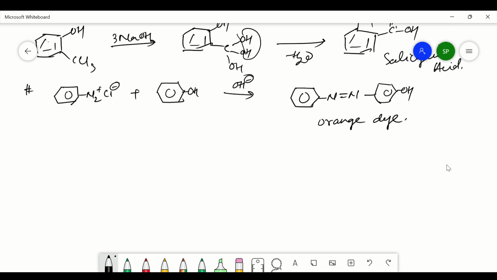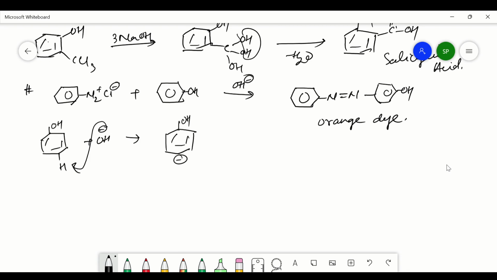Okay. The reaction mechanism of this reaction will be, first of all, the base will react with phenol. There is hydrogen, this is the acidic hydrogen, so first of all this base will deprotonate it and there will be formation of carbanion. Okay, negative charge here.